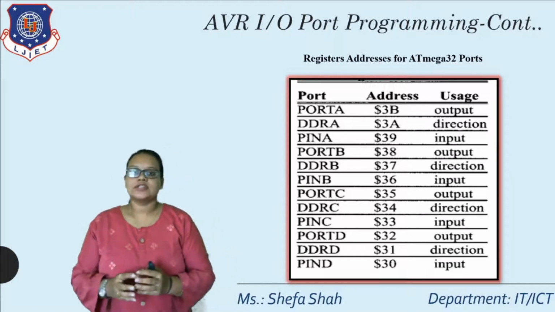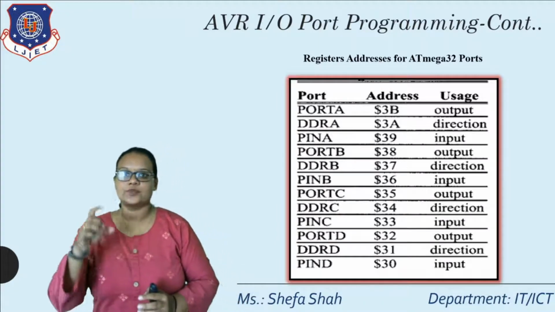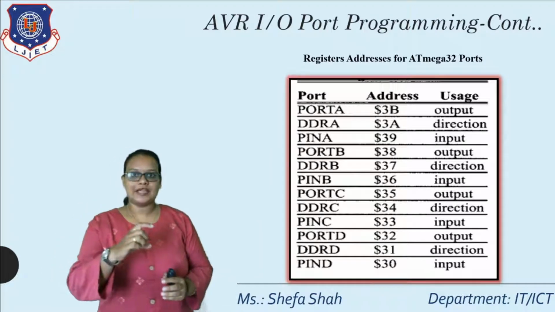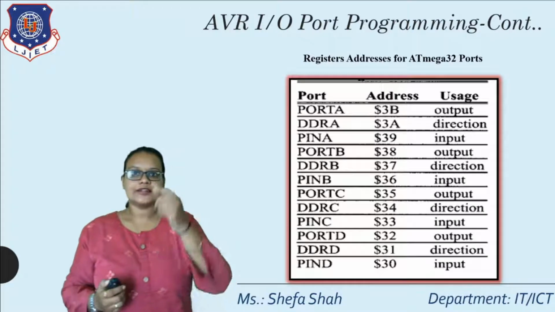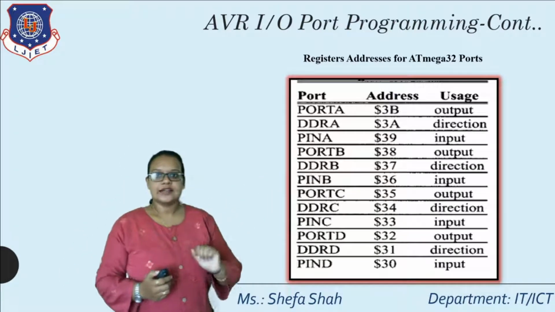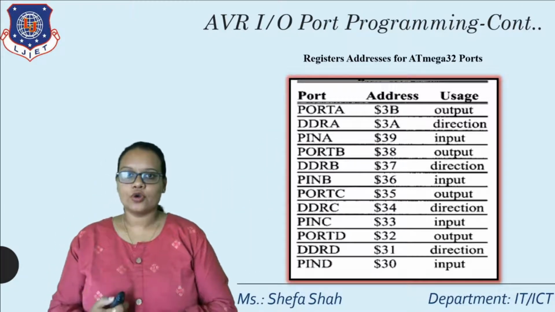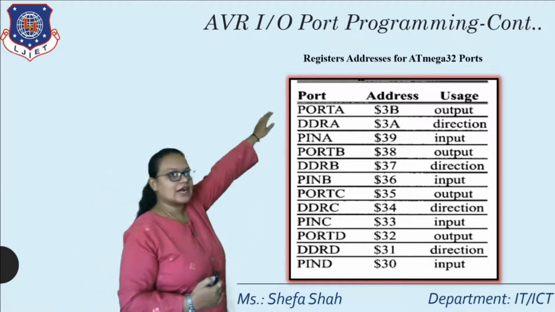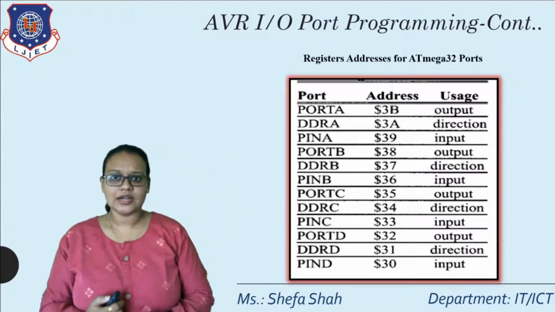Clear? When you see this table, you will find that for port A, the first three are PORTA, DDRA and PINA. Similarly, there is port B, which has all three registers, then port C and port D. These are the three registers for all four ports, and the respective addresses run from 3B to 30H.